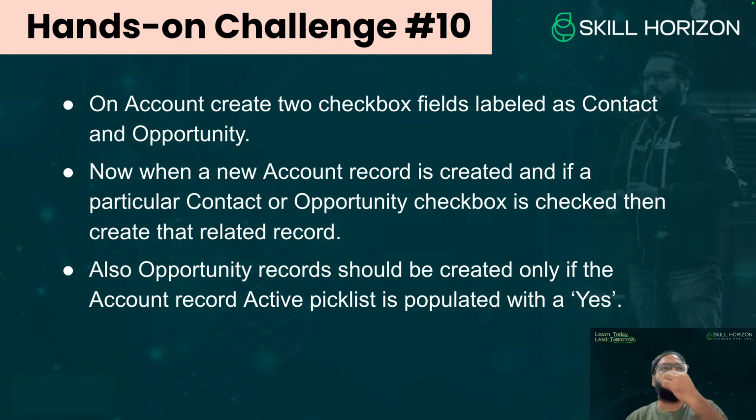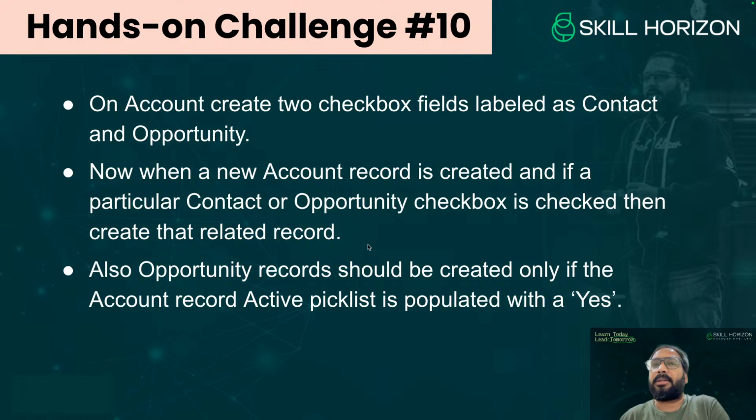In this hands-on challenge, we need to create two checkbox fields on account, and their labels will be Contact and Opportunity. After this, whenever we create any account, based on the contact or opportunity checkbox, a related record should be created.